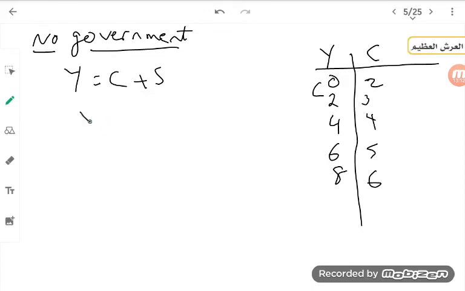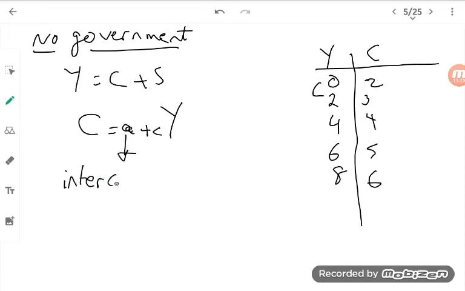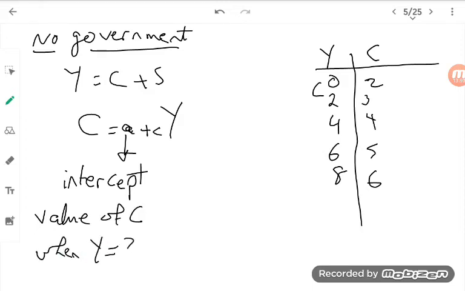So we can write it as C equals A plus small c Y. A is the intercept, which is the value of consumption when income equals 0.